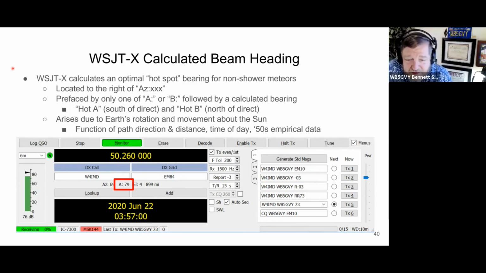And hot A is an offset south of the direct azimuth setting, while hot B is north of the direct setting. My understanding is this is a function of the distance to your QSO partner, the time of day, and a bunch of empirical data gathered back in the 50s.